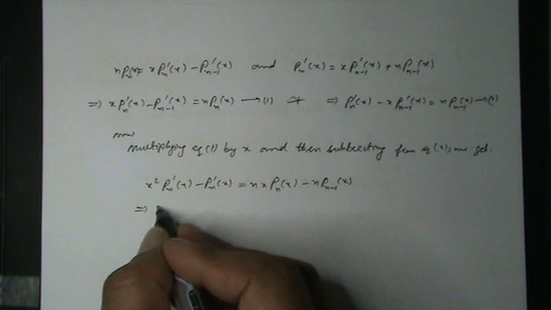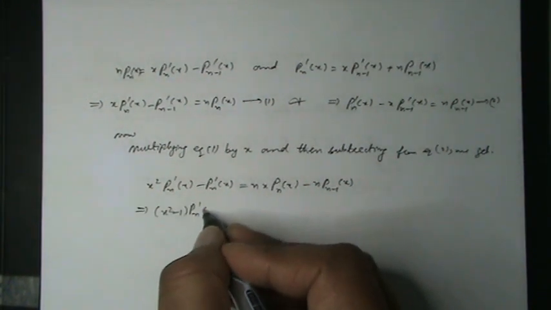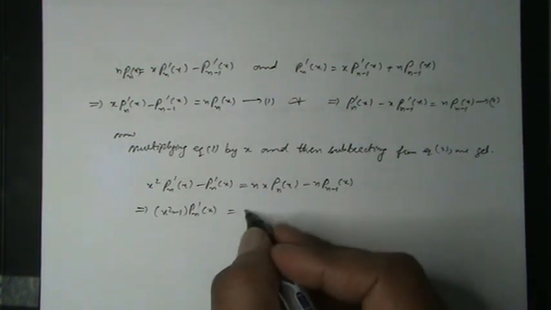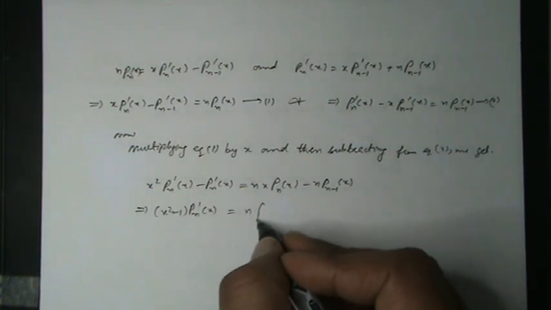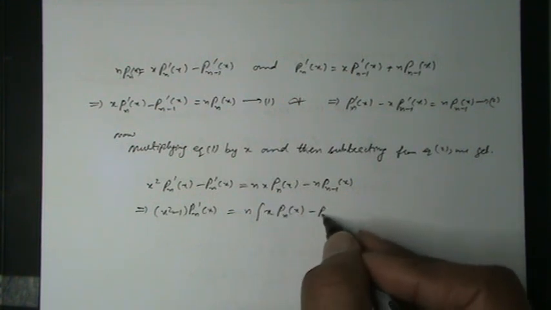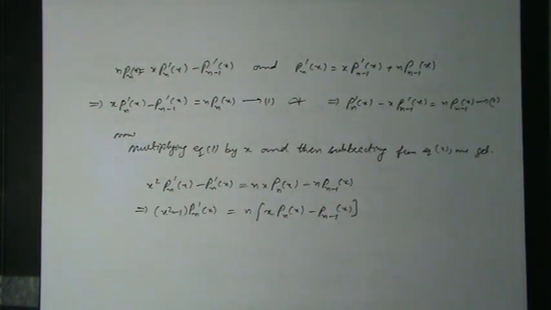This can be written as (x² - 1) Pn'(x) equal to, taking n common, n [x Pn(x) - Pn-1(x)].